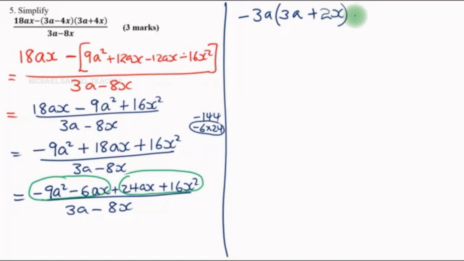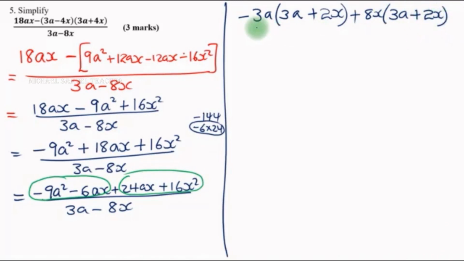Plus the other part, 24, 16, what is common? 8 is common and x is common, so 8x. So 24ax divided by 8x, that will be 3a. Then 16x squared divided by 8x, we get plus 2x.